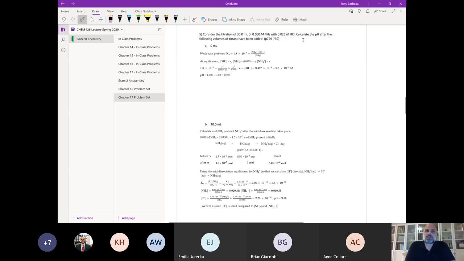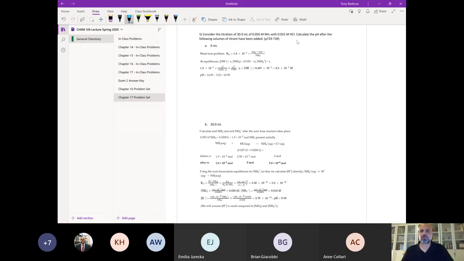Let's calculate the pH after the following volumes of titrant have been added. Right, so the first part of the equation, we haven't added any acid yet. So the first part is essentially just mixing ammonia and water. Right, so this is one of the ammonia and water reactions.